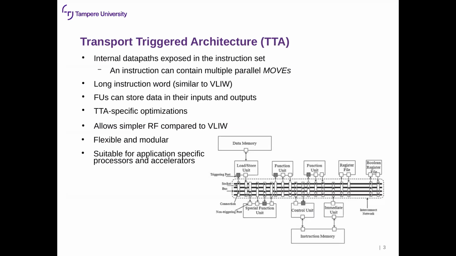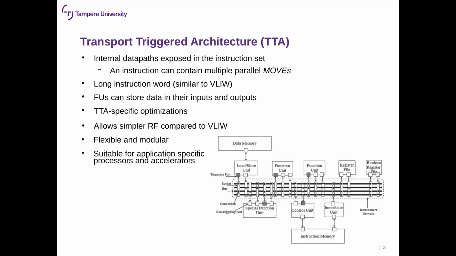So first, this brief introduction to TTAs. The main thing in TTAs is that the internal data paths are exposed in the instruction set. Contrary to the operation triggered paradigm typically found in processors, we actually define these moves between function units and register files and so on.